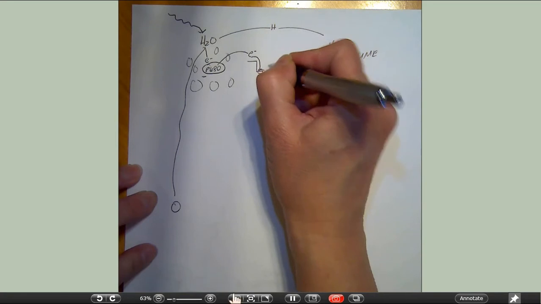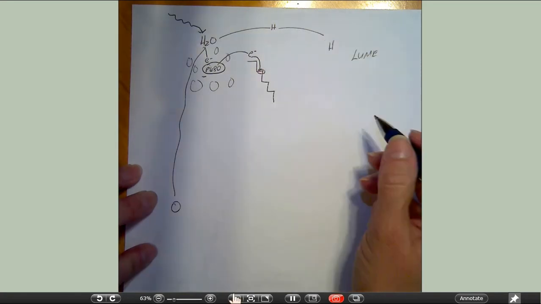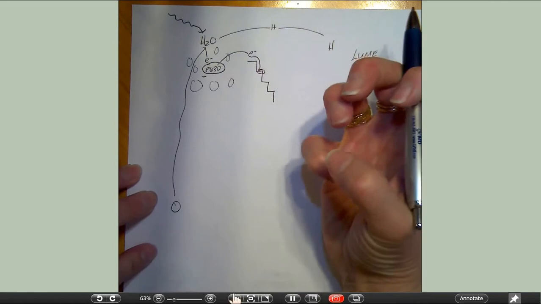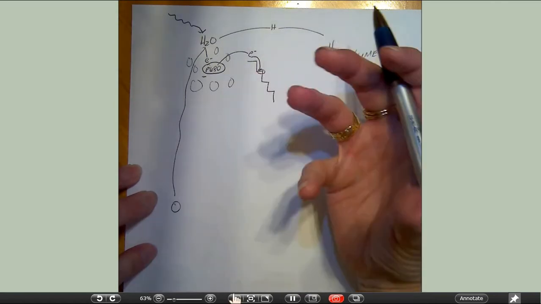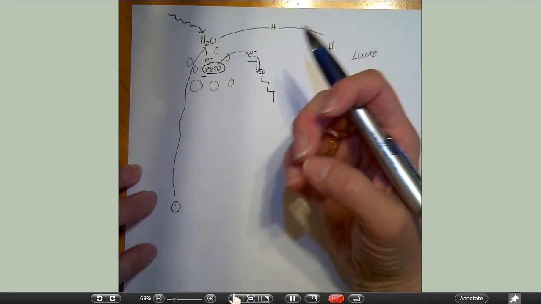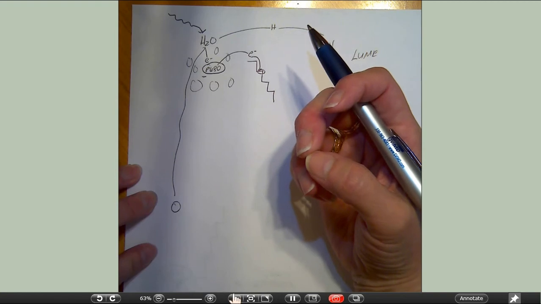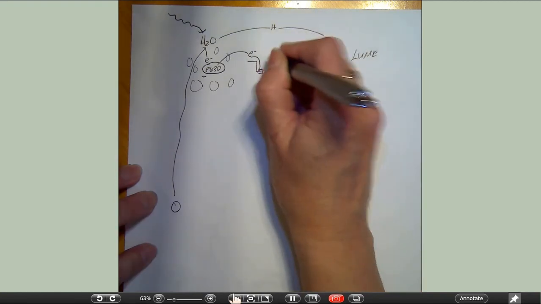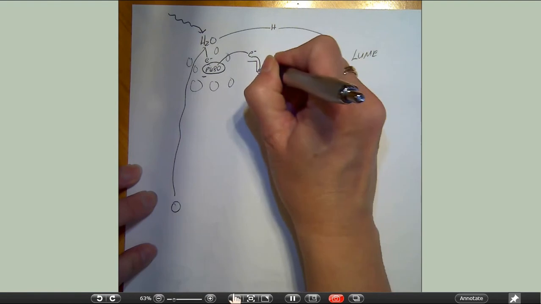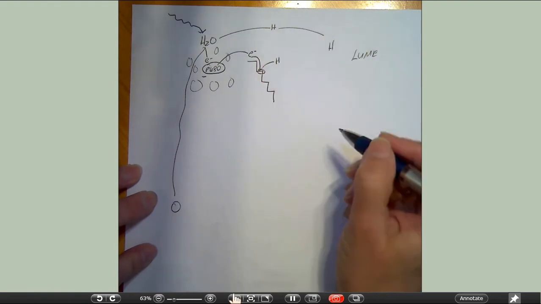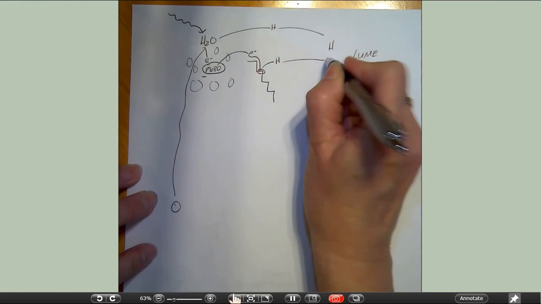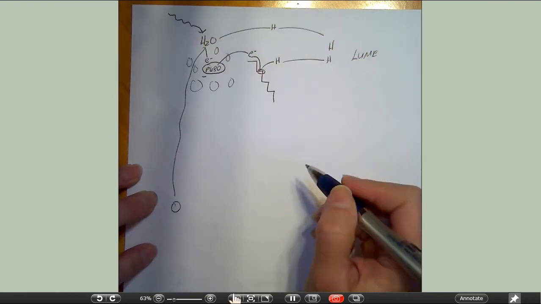When it does, it's going to lose some of its energy because it takes energy, remember that activation energy we've talked about, to make reactions happen, and that energy will be lost as waste energy. And that will slow our electron down, and at the same time a hydrogen will be pushed out of that chemical reaction, and it will also go over here to the lumen.